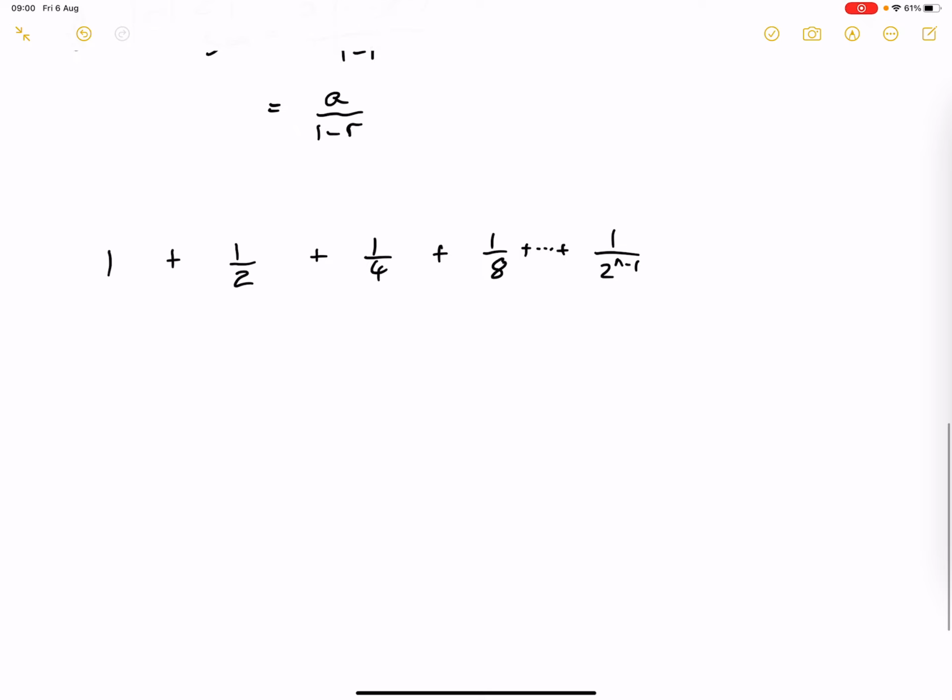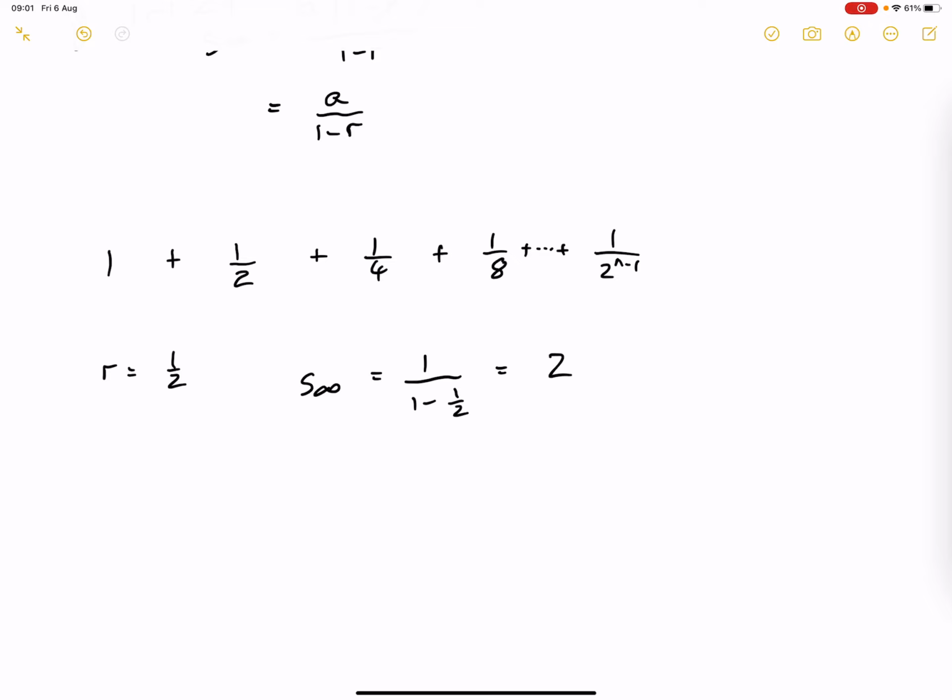So the common ratio is to multiply by a half. So r is equal to 1/2. And therefore, the sum to infinity, as this keeps on going, of this sequence is equal to a, the first term, over 1 minus a half, which is equal to 1 over a half, which is equal to 2.